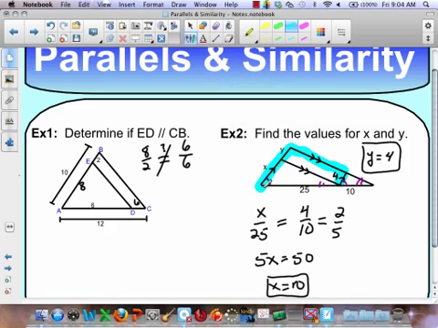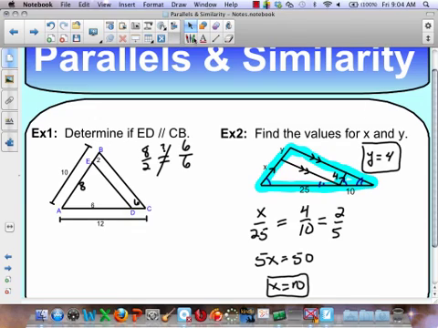The entire triangle. Since they both share this bottom angle, and these two angles are congruent, the whole big triangle is actually similar to the triangle with x and 25. Or actually, it's really similar to the 4 and the 10.